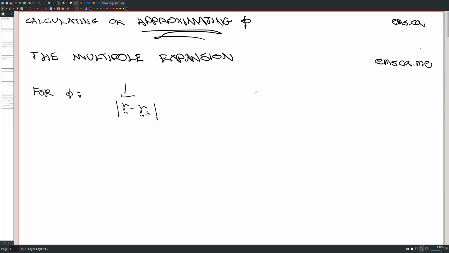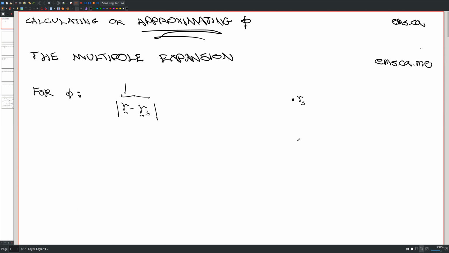So if I have a little source somewhere, this is our source. It's got a charge here. Then I know the potential is just 1 over 4 pi epsilon 0, charge of that thing divided by the distance that I have here. We're just going to try to maybe simplify that expression in a certain form.